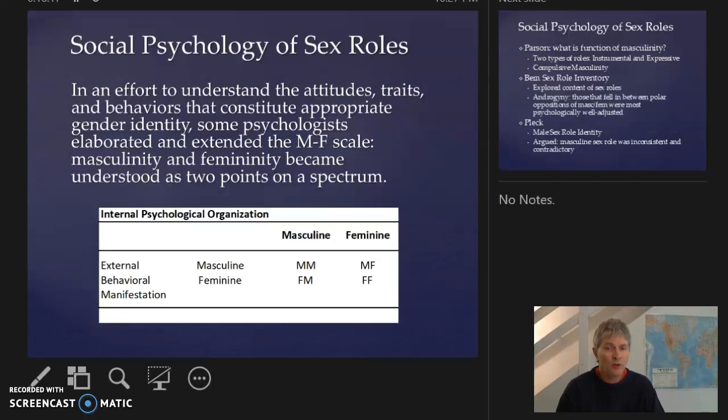So were you an external masculine and internal feminine? Were you an external masculine, internal masculine? And they began to categorize gender that then could shed some light on potential behavior.